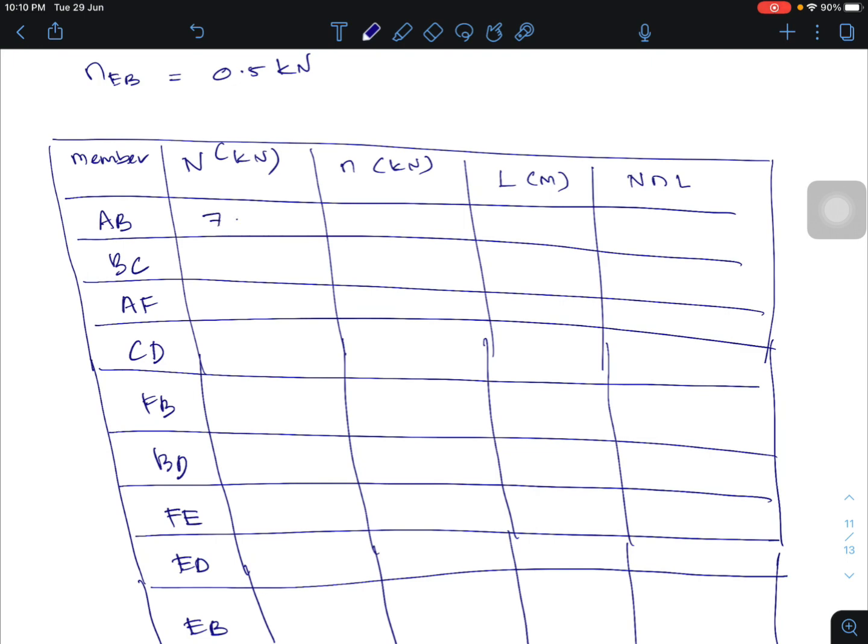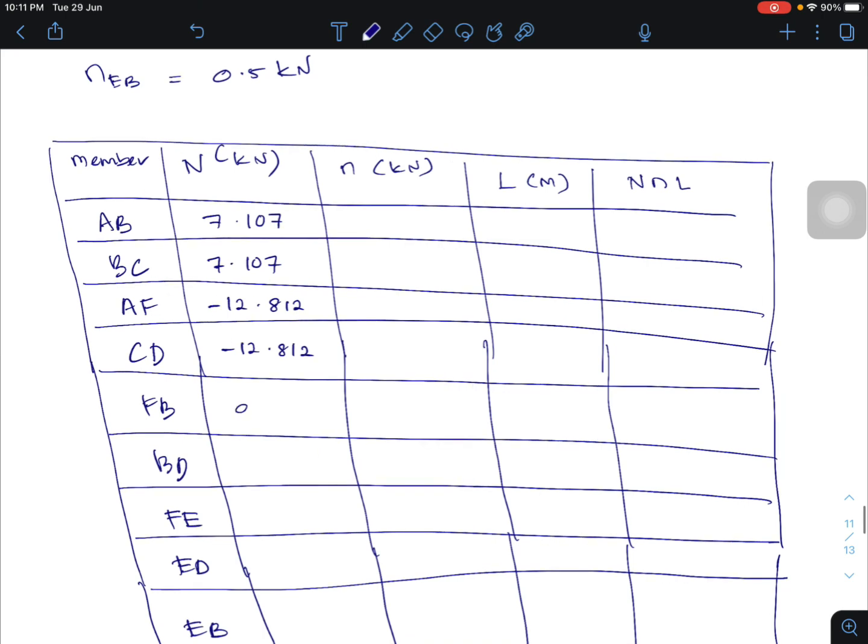AB is 7.107 in tension, a positive value. A positive sign means the member is in tension. Meanwhile, if negative, the member is in compression. So AF is negative 12.812, and CD has the same value.